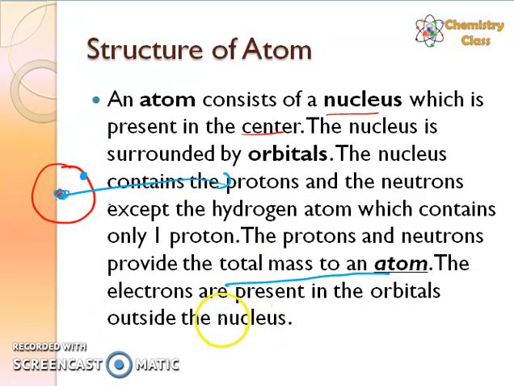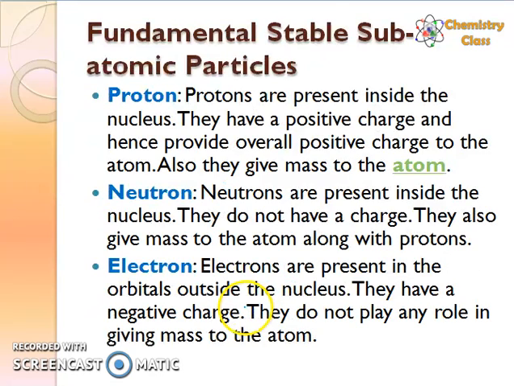Where are the electrons present? They are present outside. These blue color ones. These are the electrons present in the orbitals outside the nucleus. Okay. So now what are the fundamental stable subatomic particles? How many are they? They are 3.